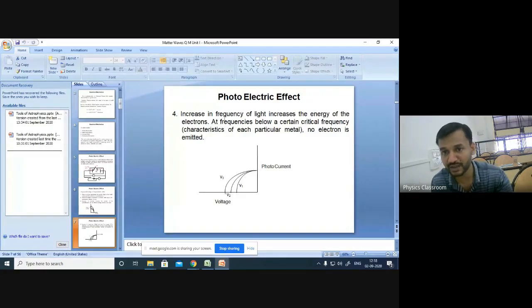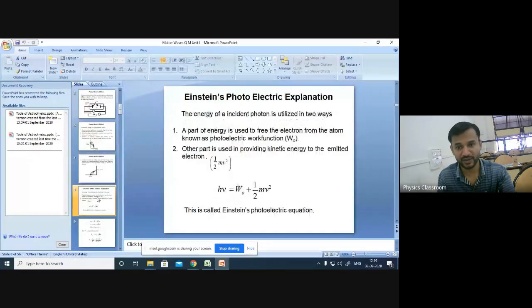I already told you that below a certain critical frequency, no electrons are emitted. But if we decrease the frequency to certain levels, emission of electrons does not take place.